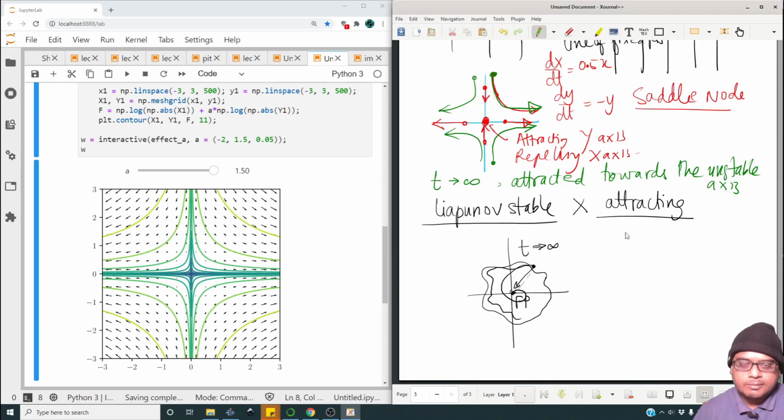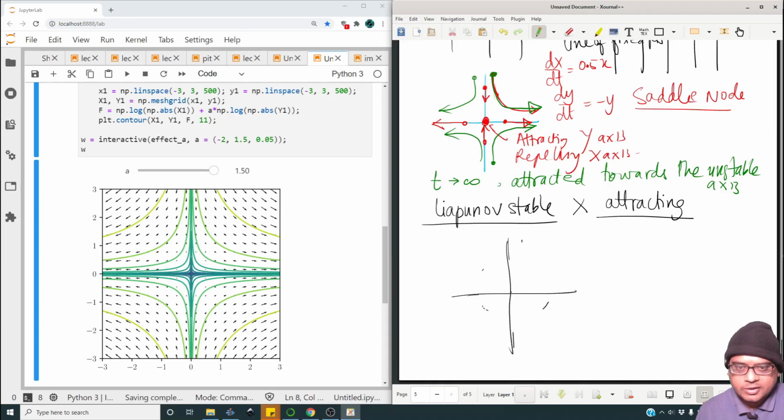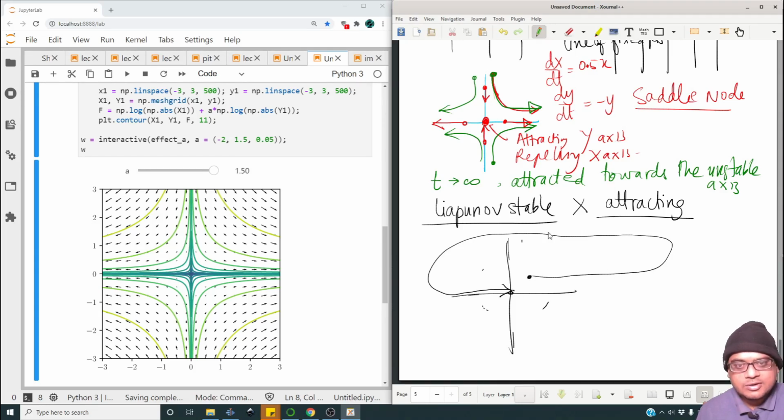Okay, a point can be attracting, meaning if I start with a point close to a fixed point over here, the point may very well go like this and come to the fixed point. It can still attract it, but it is going a long distance before it is getting attracted. So it is not Lyapunov stable, but it is attracting.